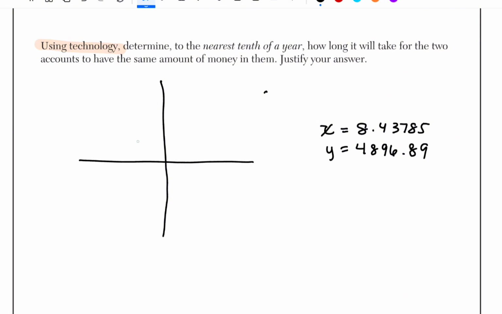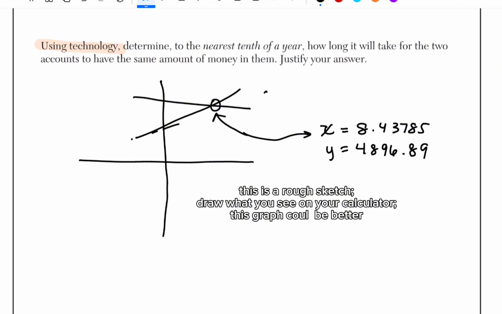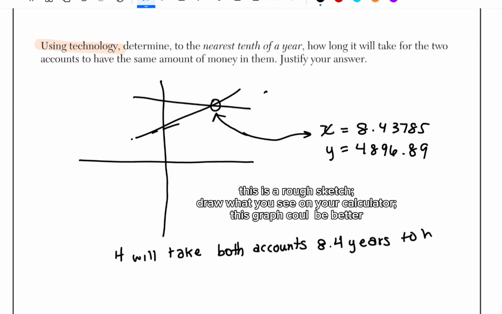Because it says justify, we're going to do a rough sketch of what it looks like. So we have our lines and they intersect here, and this is our point. And so we'll say that it will take both accounts 8.4 years to have the same amount of money.